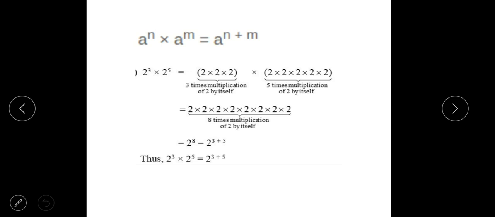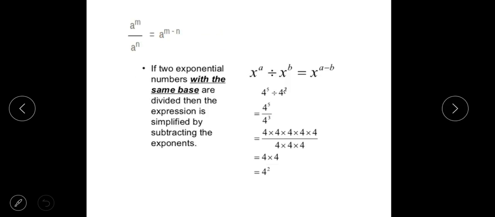Then after multiplying all together, 2 is multiplied 8 times, right? But this 2 raised to 8, without doing the usual multiplication, we get just by adding the exponents. 2 raised to 3 into 2 raised to 5 is equal to 2 raised to 3 plus 5.